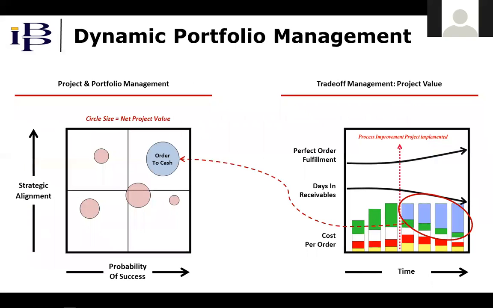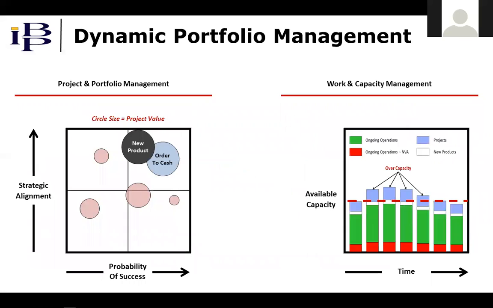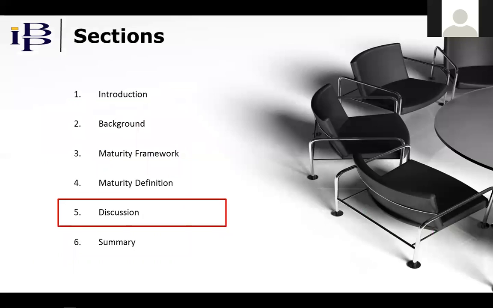But what I can also do is take that and drive the value of an order to cash process and have this kind of dynamic portfolio management. I can integrate that with things like new product development. And again, go back to, do we have the capacity to manage the introduction of this kind of change?